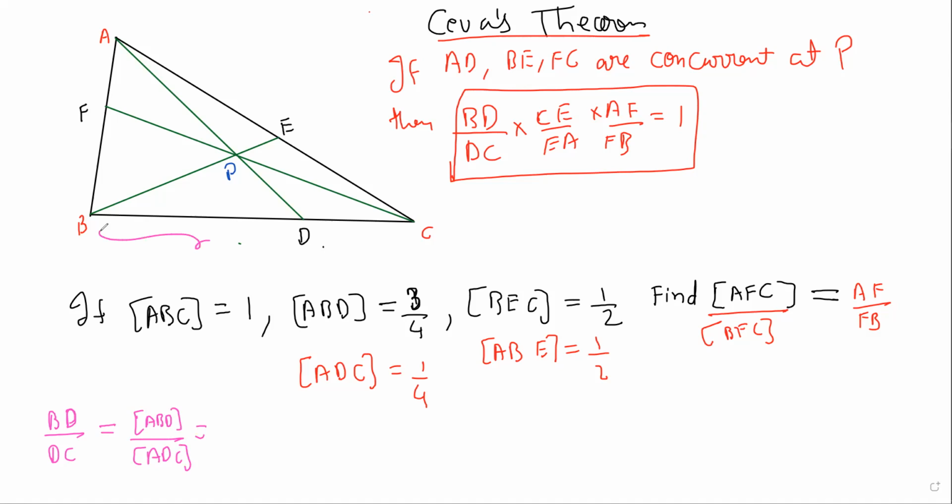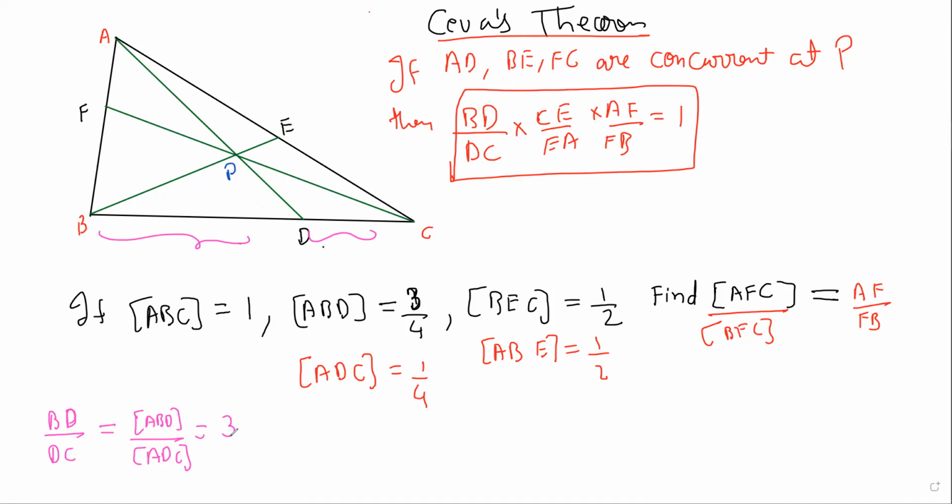This ratio of the bases is the same as the ratio of the areas. This is another idea which we have used here, and we use it in some cases. This is a very fundamental thing, right? Triangles with the same baseline and the same height, the ratio of the areas is the ratio of the bases. So this is just 3.